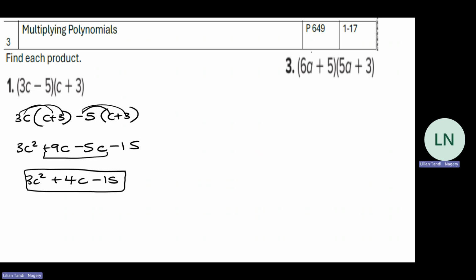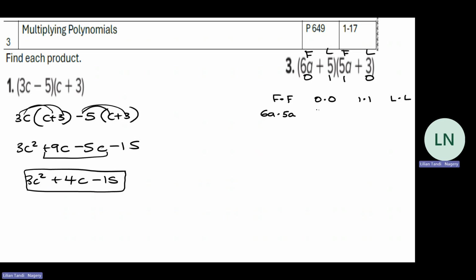Okay, let's practice FOIL. This is my first. This is my out. This is my in. And this is my last. So F times F, O times O, I times I, L times L. My F's are 6A times 5A.